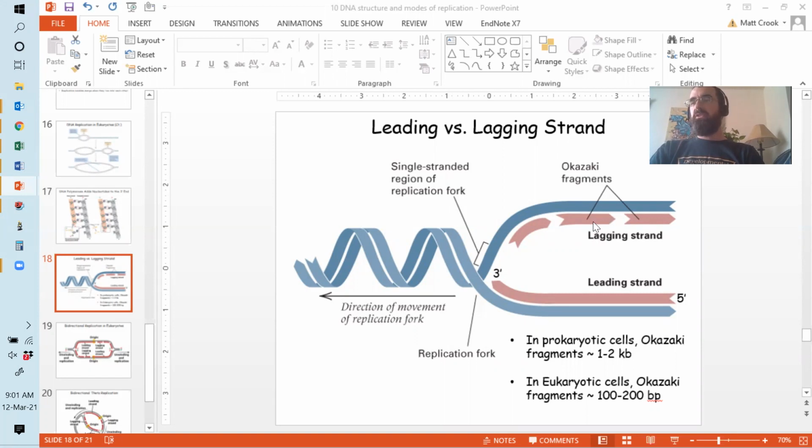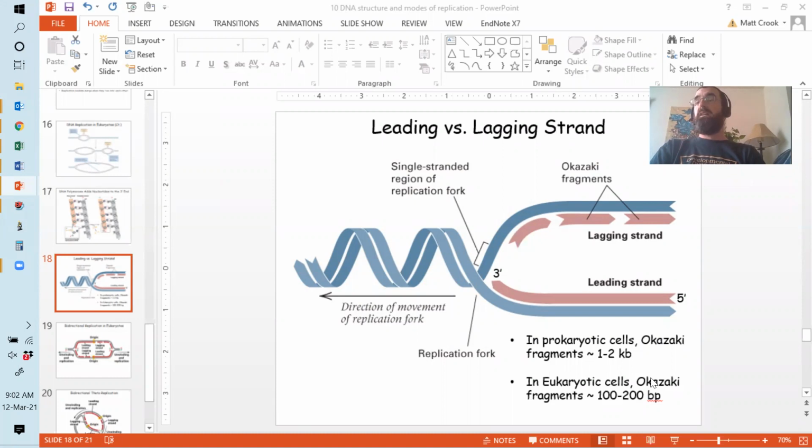So even though the direction of replication is that away, opposite to that of the replication fork, which is going that way, the actual movement of replication is from right to left, right? So you synthesize this fragment, and then you release the strand, gather it in again, you synthesize this fragment, and then you synthesize this fragment, right? So you're kind of doing it backwards in little chunks, little steps, right?